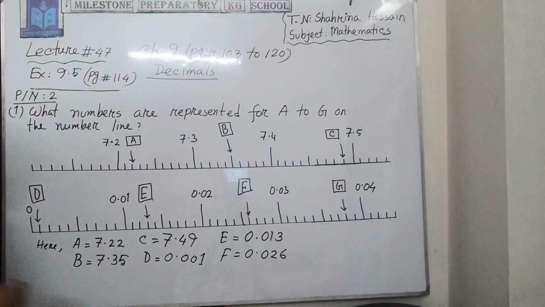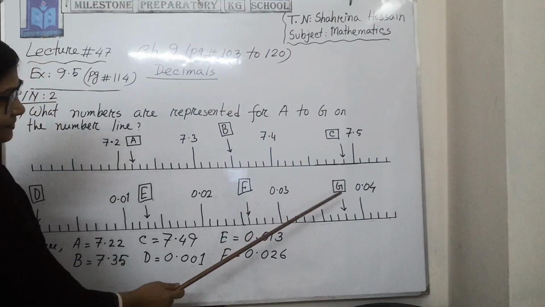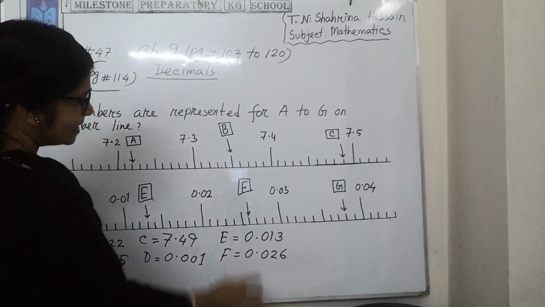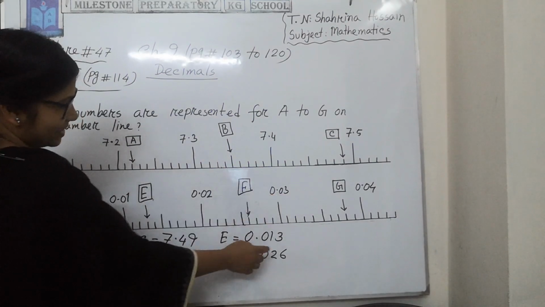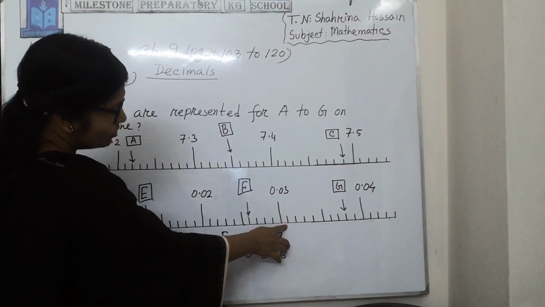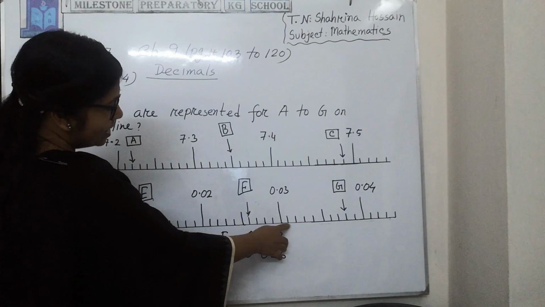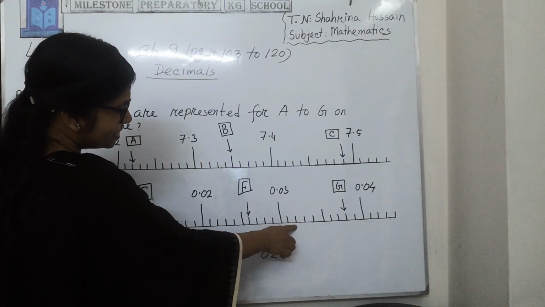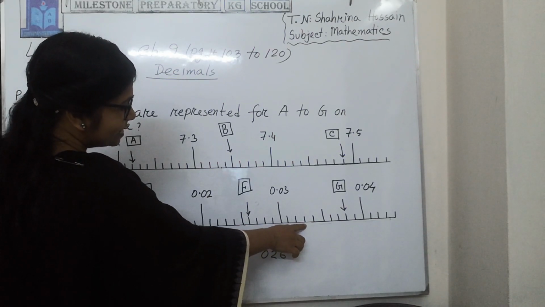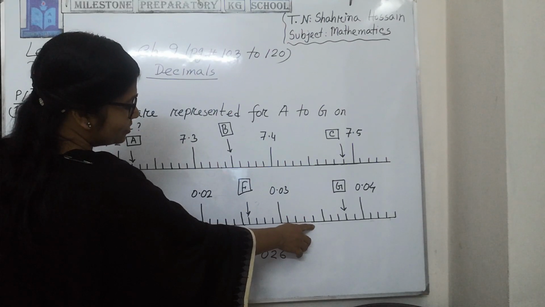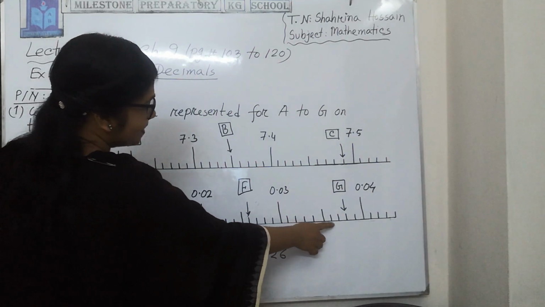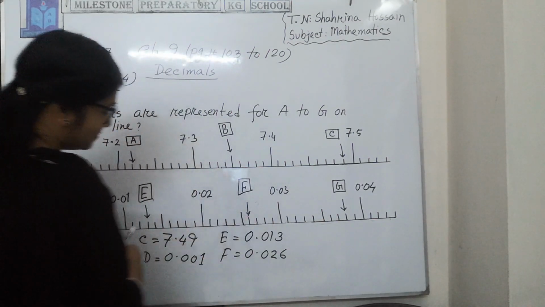Now at last number G. Here 0.03. That means 0.031, 0.032, 0.033, 0.034, 5, 6, 7, 8.